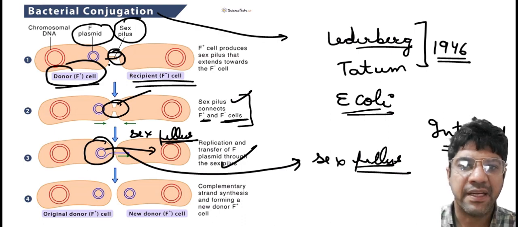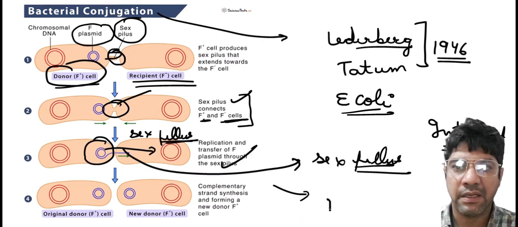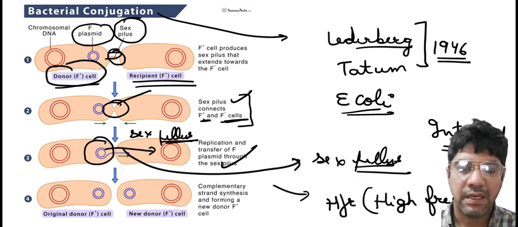So when the F factor is in the integrated state, it forms a specialized form of bacterial cell known as Hfr, which stands for high frequency recombination.